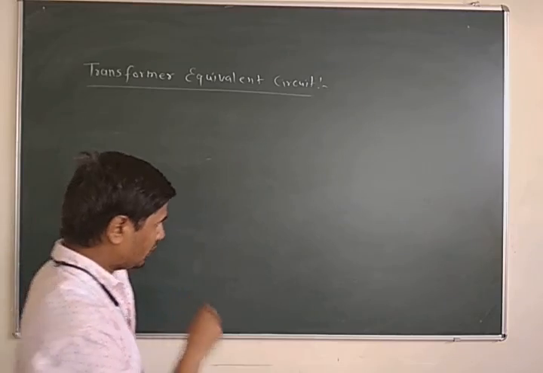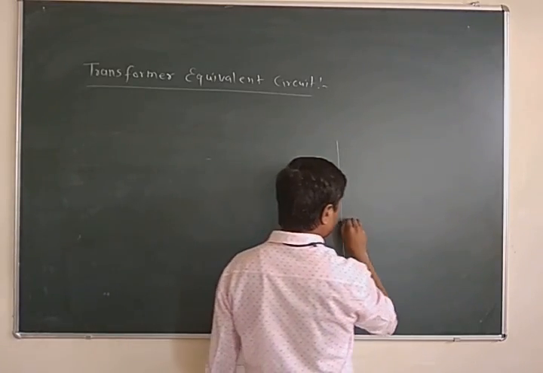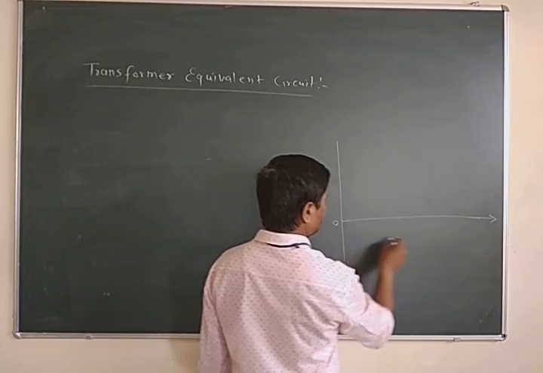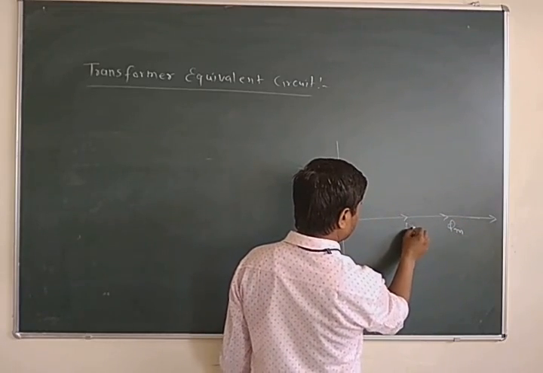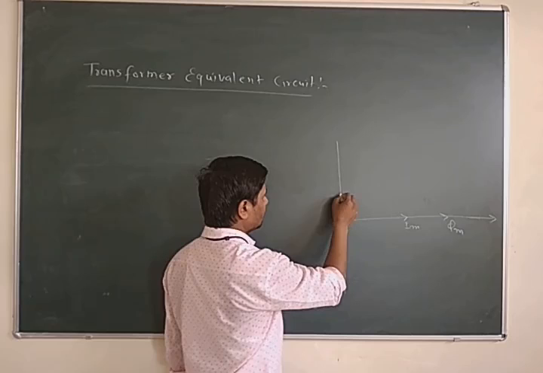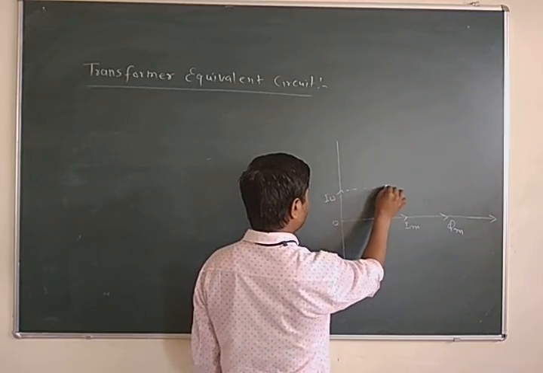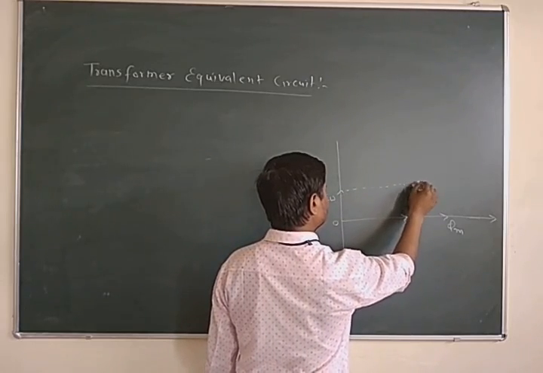First we draw it for an ideal transformer in load condition. Flux is phi m, and the magnetizing current in the direction of phi m is IM. The no load component is IW. The sum of IW plus IM is I0.